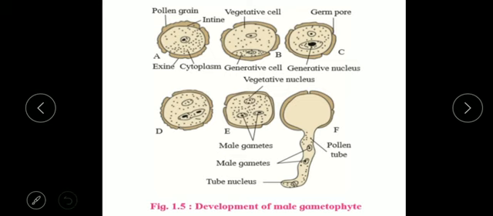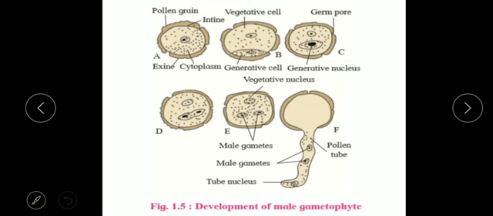After the first mitotic division, the pollen grain shows a two-celled structure, the vegetative cell and the generative cell. Then the generative cell or its nucleus undergoes the next mitotic division to form two male gametes. So you can see the two male gametes formed from the generative cell, after the second mitotic division in the pollen grain.